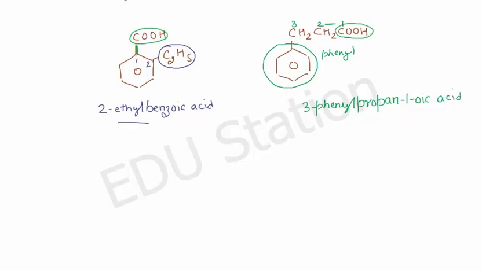If benzene is not preferred, we'll use the word phenyl. Just like you have ethyl, methyl, propyl, butyl, when ring is not preferred, we'll be using the word phenyl.